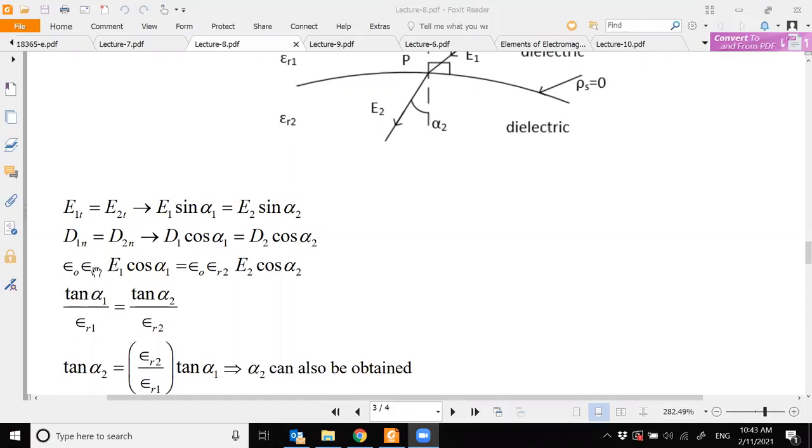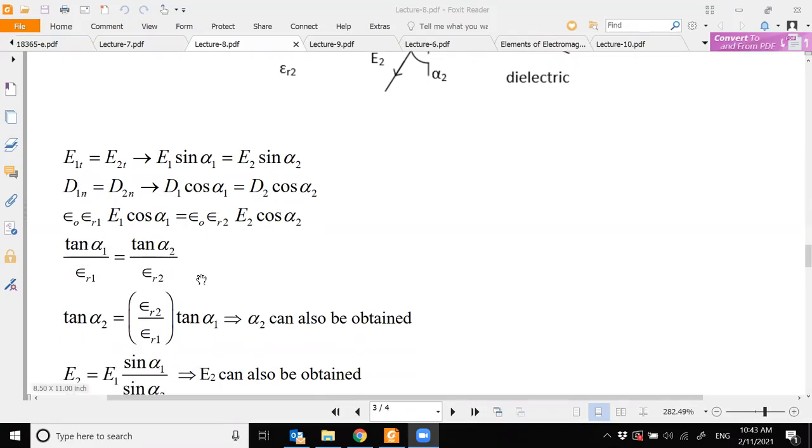Epsilon 0 epsilon R1, because epsilon R1 is the relative permittivity and epsilon 0 is the permittivity of free space. That will give you the epsilon 1 of my region 1. Similarly, this is for region 2. Now, if you divide these two equations, you will get tan alpha 1 over epsilon R1 is equal to tan alpha 2 over epsilon R2. And therefore, you can find tan alpha 2 is epsilon R2 over epsilon R1 times tan alpha 1.